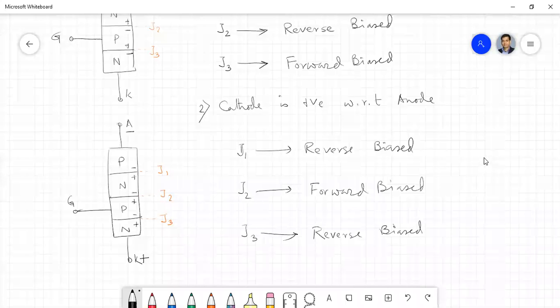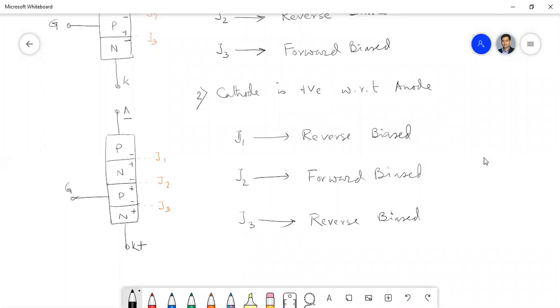In the previous case, only one junction was reverse biased. Here, two junctions have been reverse biased. So how will it conduct? It will again block the current. So in both cases, it will block the current and will not allow the current to pass through.